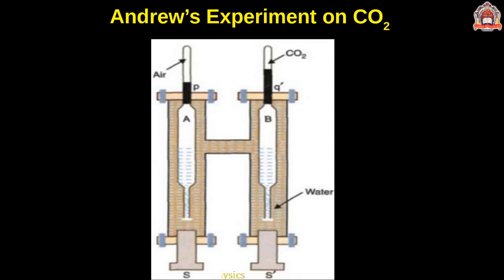The volume of carbon dioxide is read from tube B, as it is calibrated to read the volume directly. Both the tubes are surrounded by water baths. Air is kept at constant temperature. The temperature of carbon dioxide could be maintained at any desired temperature between 0 degrees centigrade and 100 degrees centigrade.